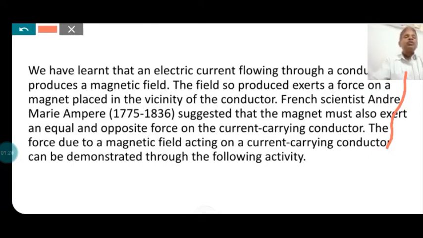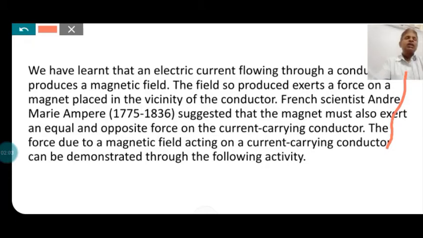This field so produced exerts a force on a magnet placed near the conductor. The French scientist André Marie Ampère suggested that the magnet must also exert an equal and opposite force on the current carrying conductor, because when two magnets are placed near each other, like poles repel each other.